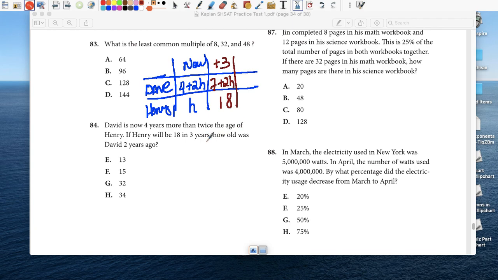How old was Dave 2 years ago? So we can set up an equation here. We know that 7 plus 2h equals h. Sorry. 3 years.